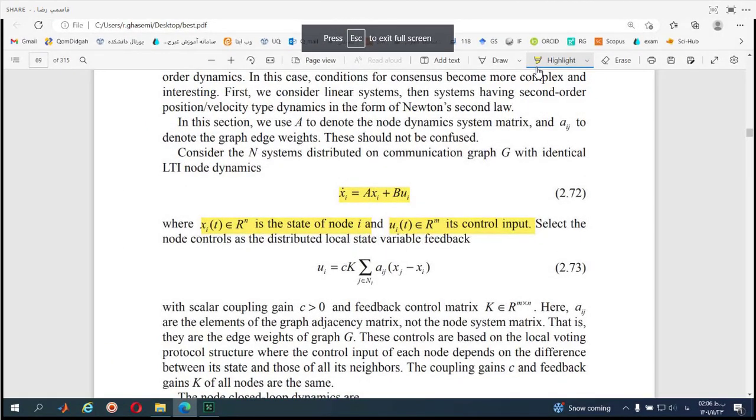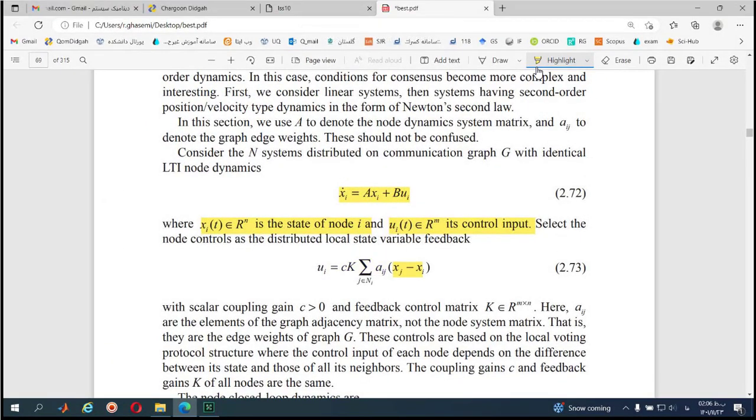In a multi-agent system, we should have this term, xj minus xi.